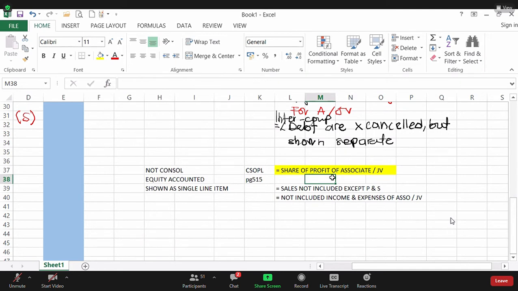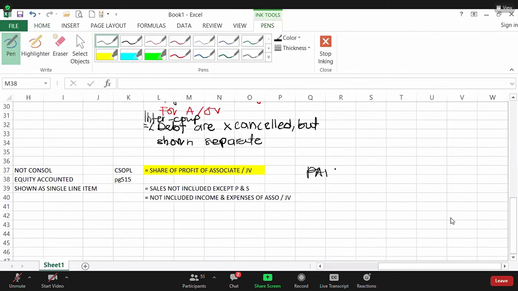Okay, take a minute of your time. Understand how we calculate. He takes 80,000. What does 80,000 mean by share of profit? He takes the associate's PAT times the percentage, times the interest. And then minus any impairment.